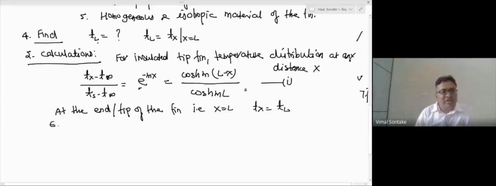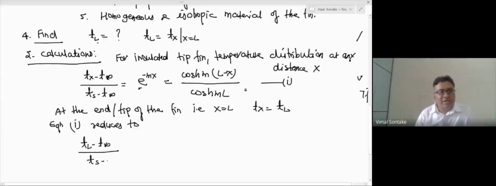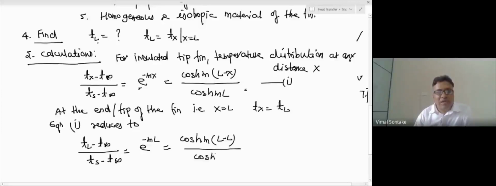So equation 1 reduces, under such condition, to TL minus T infinity over Ts minus T infinity equal to e to the power minus mL, or in terms of hyperbolic, cosh of m(L minus L) over cosh of mL.